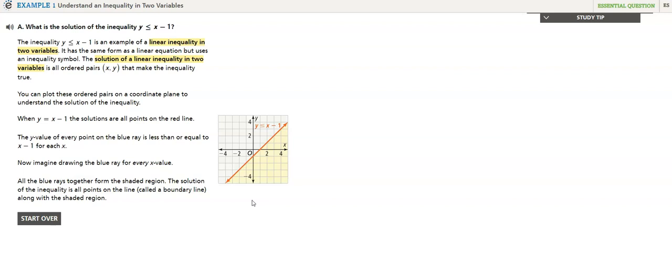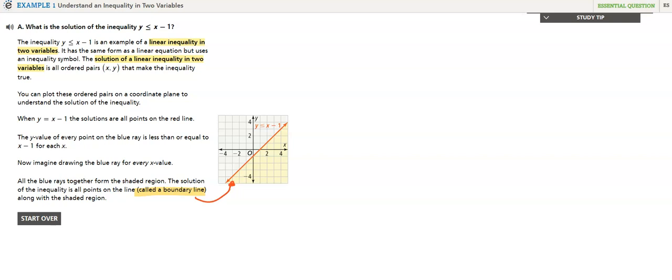The solution of the inequality is all points on the line, called a boundary line, along with the shaded region. So we're going to use this word, boundary line, often, so I would write that down. The boundary line is just this line here that shows the boundary of that shaded spot. Our shaded spot is equal to or below this line. It's not above.